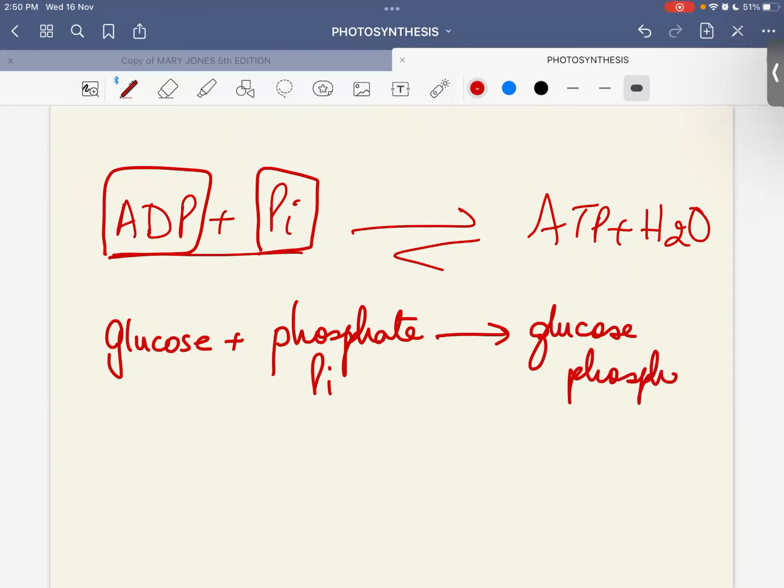Glucose plus phosphate is equal to hexose phosphate, or hexose plus phosphate is equal to hexose bisphosphate. तो ये भी phosphorylation है. याद है glycolysis में जो था. So wait, miss, you have to repeat. Okay, wait. मैं ऐसे बताती हूँ.